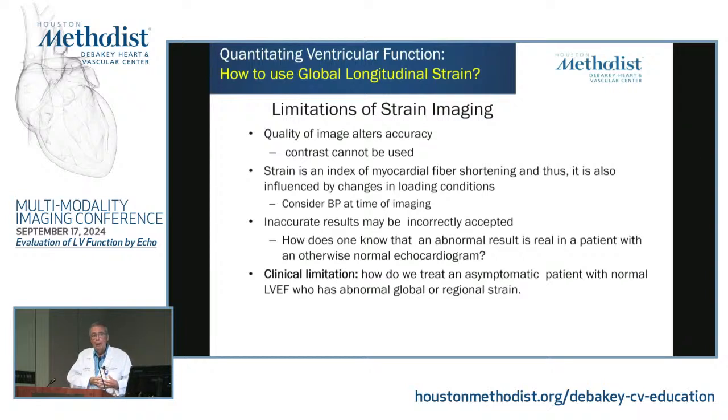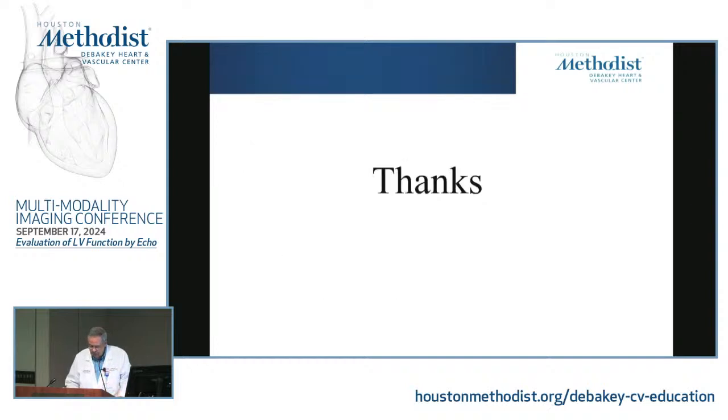Do we do valve replacement sooner in a moderate AS because their GLS is low, or in a patient with mitral regurg? Do we incorporate other therapies in HFpEF because their GLS is lower? How do we manage that? And of course, that's going to require a lot of work involving the experts in the clinical settings of these diseases. And with that, I thank you for your attention, and we have a few minutes for questions.